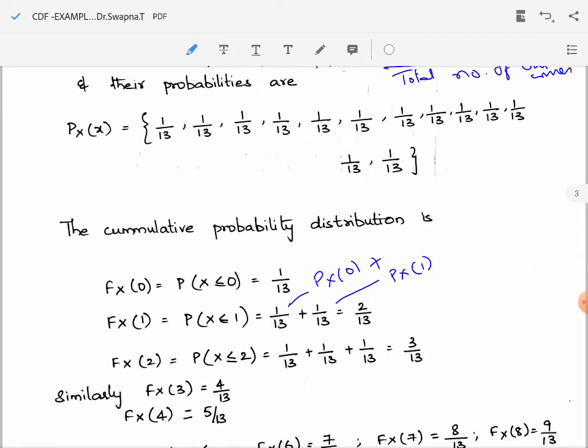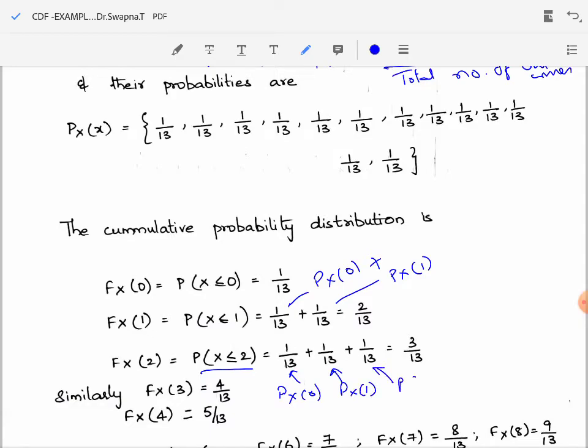F_X of 2 is equal to the probability of random variable X taking values less than or equal to 2. So this is P_X of 0, P_X of 1, P_X of 2. All are added up.